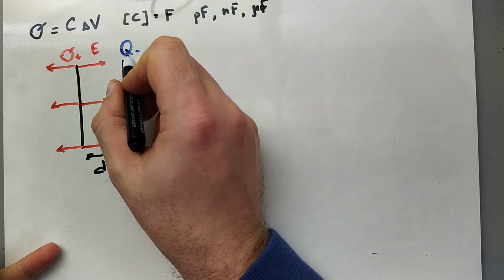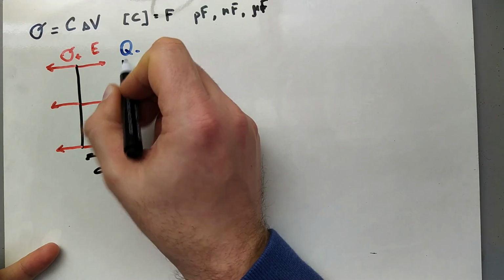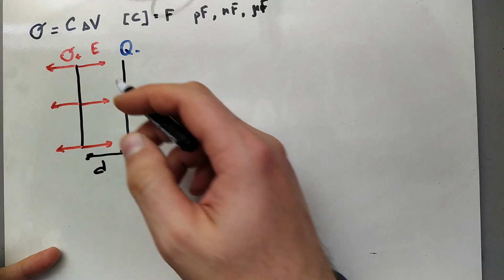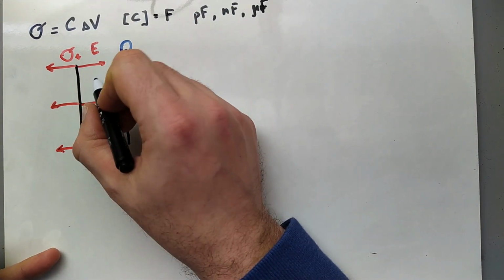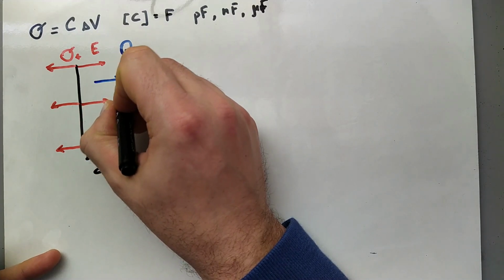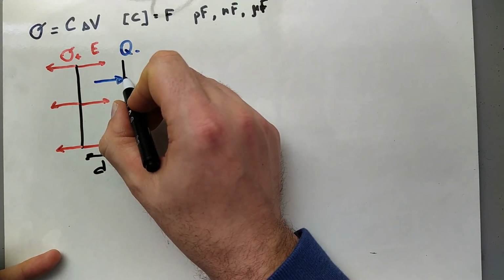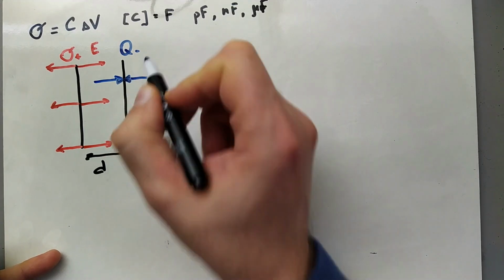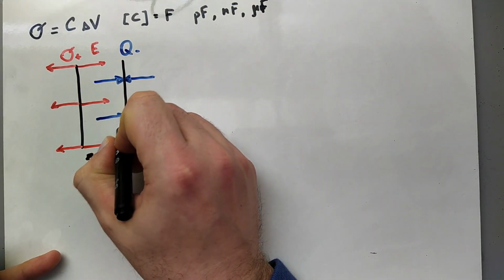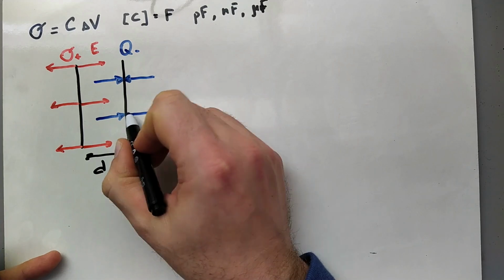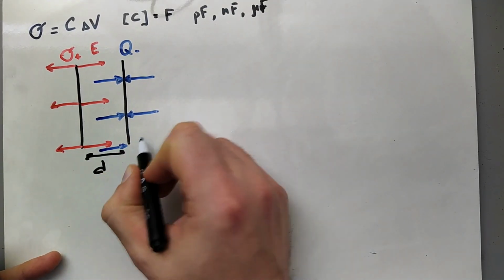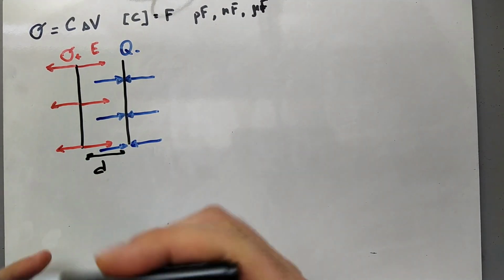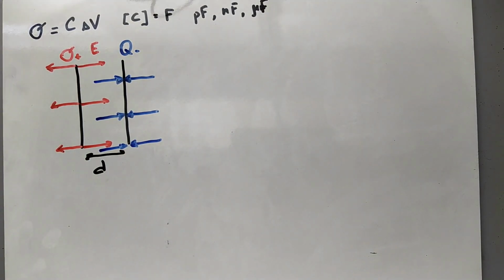This is negative charge, which means that electric field lines will terminate on this negatively charged surface. So that's why we can draw these electric field lines in this manner. They will terminate on the surface of the negatively charged plate of the capacitor.